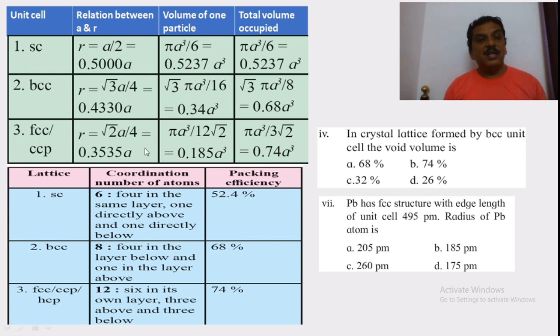Hence we have to remember these 3 values, and the FCC structure is given. In case of FCC, r is equal to 0.3535a. We put the value of a as 495, we will get 175 picometer, and the correct answer is D.